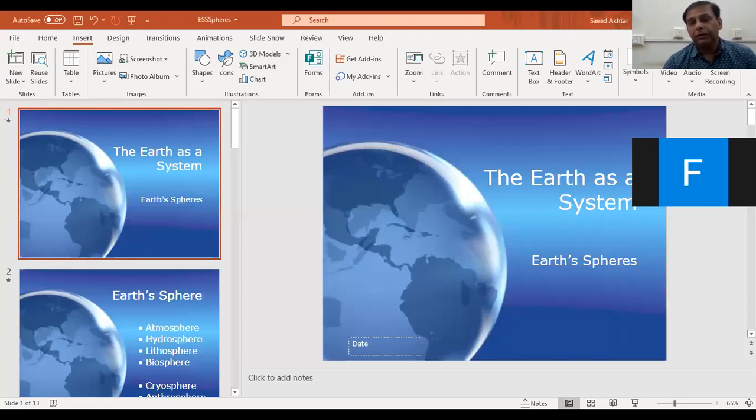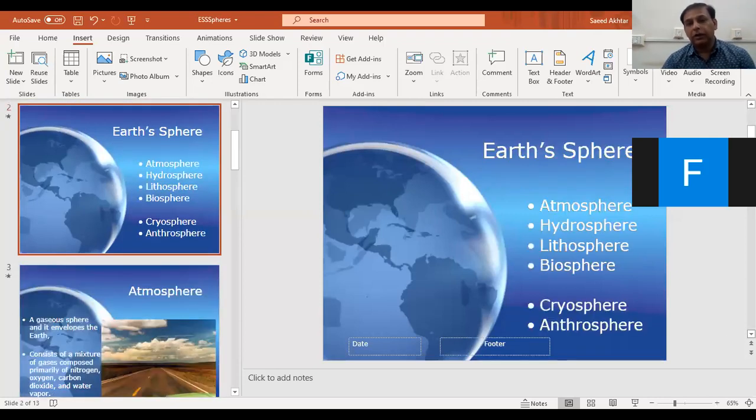So we have four, five, six Earth spheres. One is the very important one, what we call the atmosphere. Then the hydrosphere, lithosphere, biosphere, cryosphere, and anthroposphere.